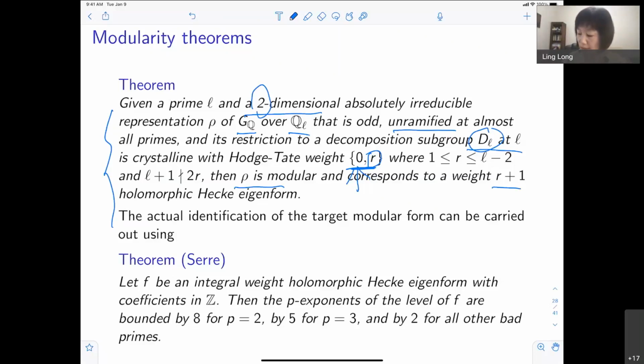And when we look at the settings we are considering, in the cases when both alpha and beta are defined over Q, and if lambda is also defined over Q, the representations are not only two-dimensional, but there is also one very nice thing: the coefficients are going to be integers if I have a two-dimensional representation coming out from the hypergeometric setting. And the bad primes, you can control where they are.